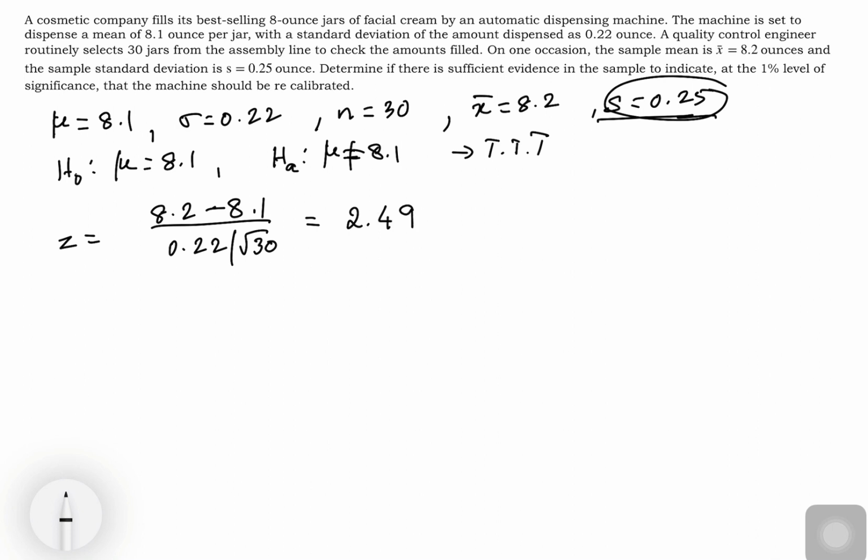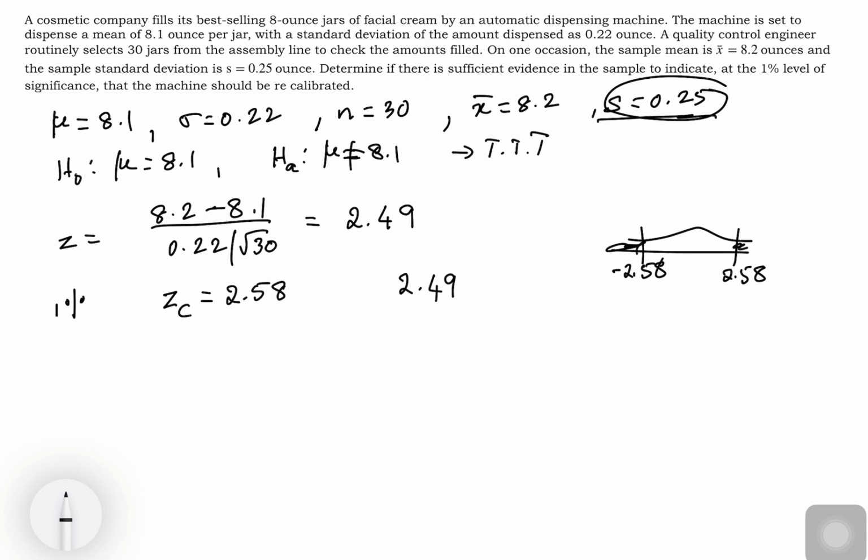2.49. So here they are asking only at 1% level of significance. Okay, so at 1% level of significance, it is a two-tailed test. ZC is equal to 2.58, and if we compare 2.49, here we expect something to be beyond 2.58 and before minus 2.58.